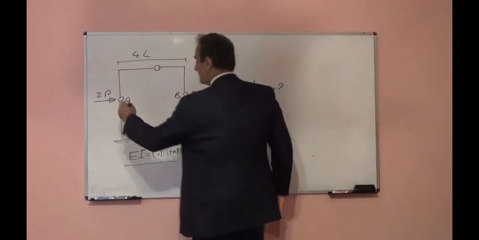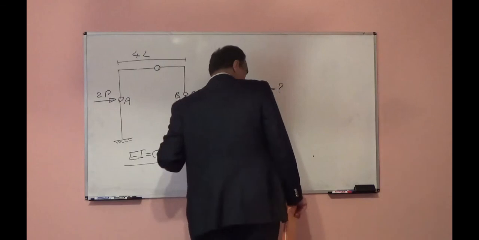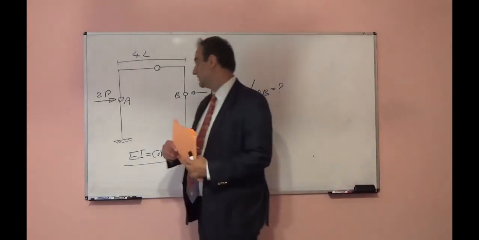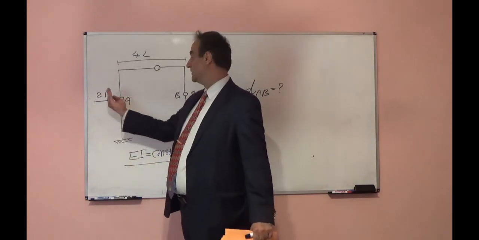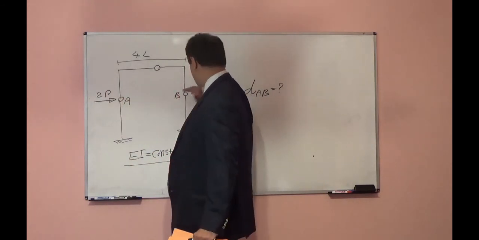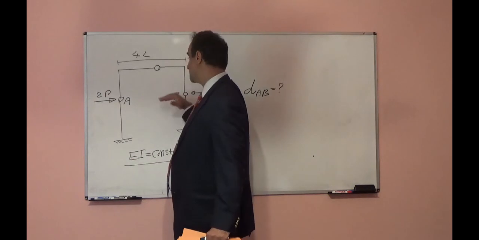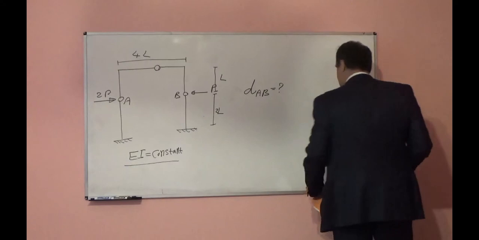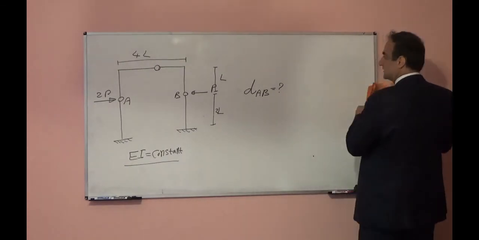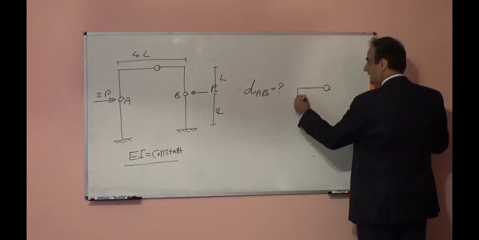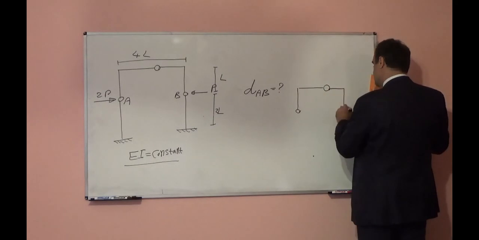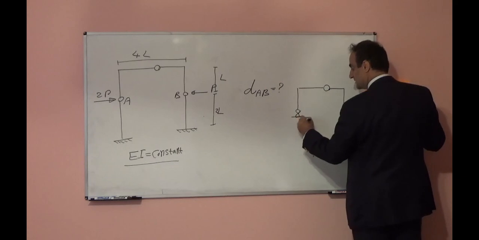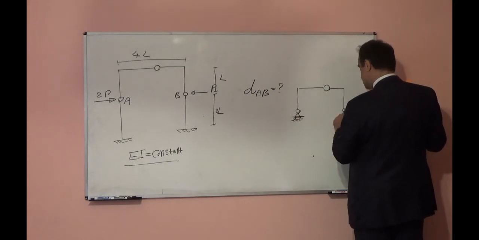Look at the top part. What do we have in the top part? If we apply this load at point A, it moves from left to right. Point B, if we apply this load, will move from right to left. So both of them are able to move in the horizontal direction. If I remove the top part, it is something like this.